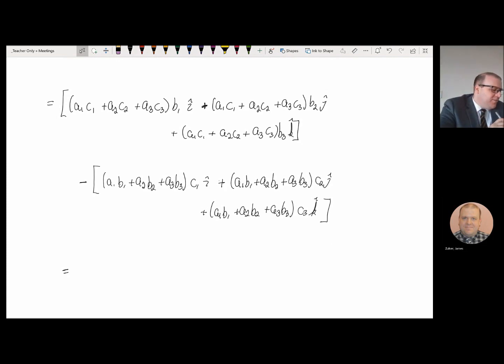Notice that first vector has a scalar multiple. All three components, don't they have A1C1 plus A2C2 plus A3C3? So factor it out.